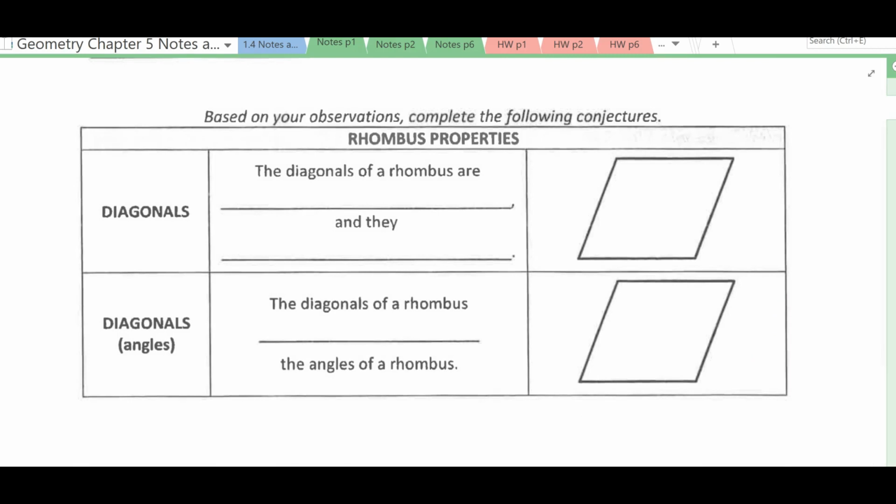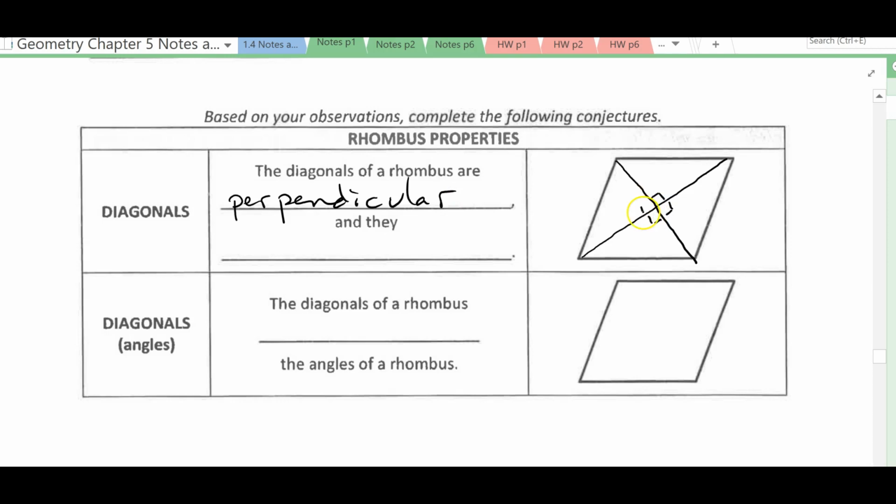Alright, so let's talk about the properties. Let's draw in some diagonals here since we're talking about the diagonals. So the diagonals of a rhombus are perpendicular. Alright, so these are all going to be right angles in here.